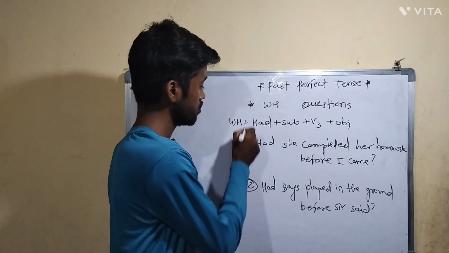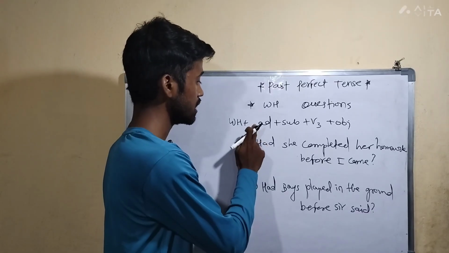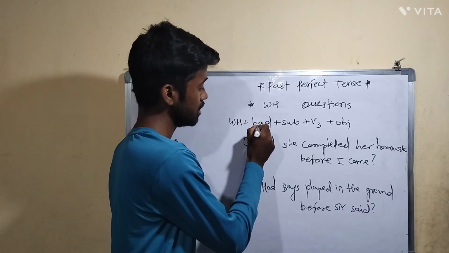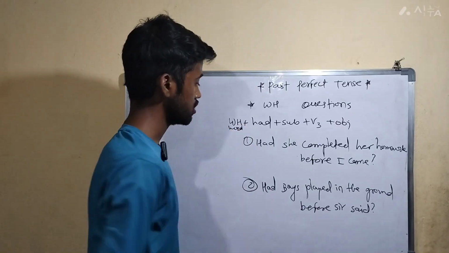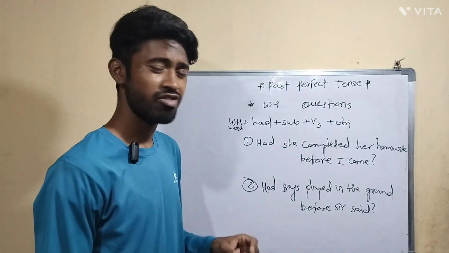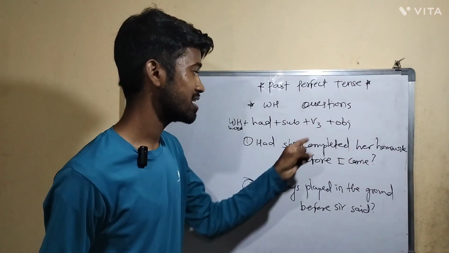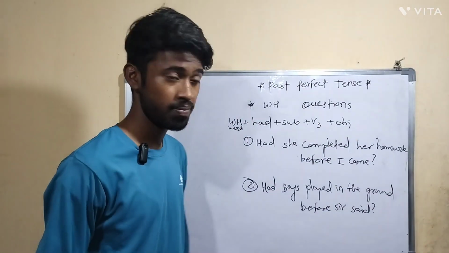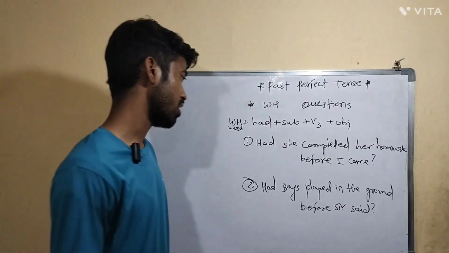When you are making notes, write WH word here. Now the same examples we will convert to WH questions. The question is: had she completed her homework before I came? So I can ask here what, homework or how.